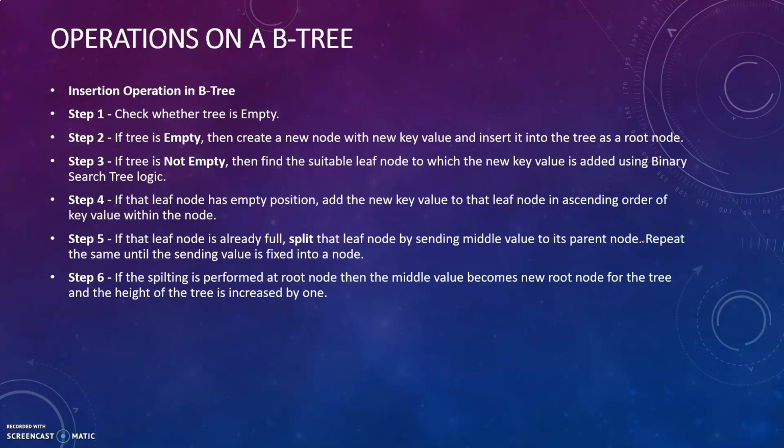If it is already full, you split the leaf node by sending the middle value to the parent node, and repeat this until the sent value is fixed into a node. If this splitting is performed at the root node, then the middle value becomes a new root node for the tree, and the height of the tree is increased by 1.